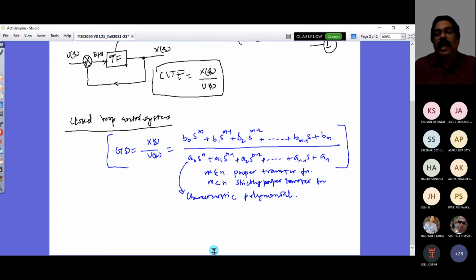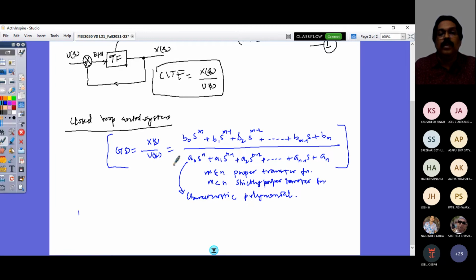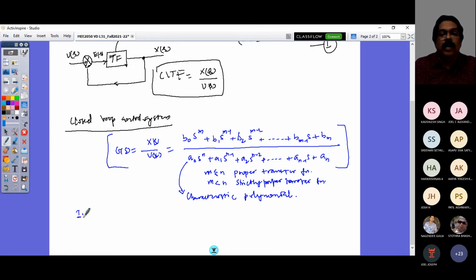And in an eigenvalue problem, this characteristic polynomial should be equated to 0, and that's called the characteristic equation.